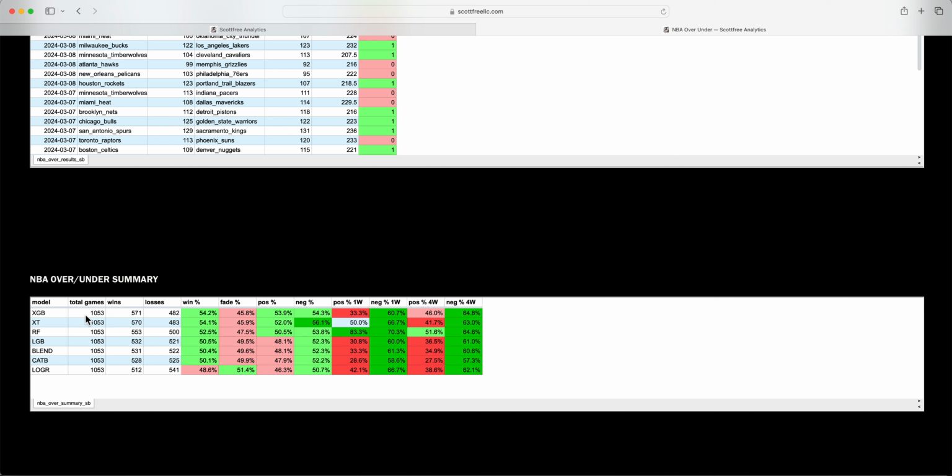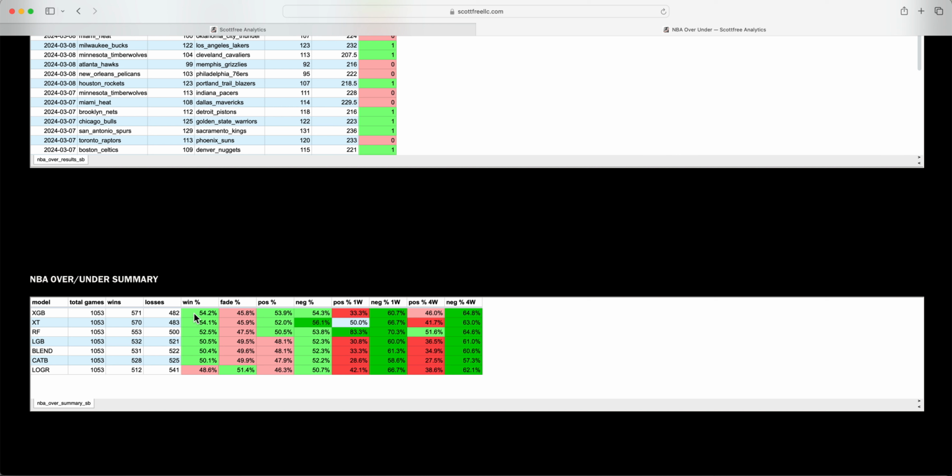And the good news is if you look at basically the winning percentage just on their own, we consider XGBoost to be the Cadillac of models. It's also the go-to model in the data science and machine learning world. So we tend to put most of our focus on XGB, but we look at the other models to kind of contextualize our bets.